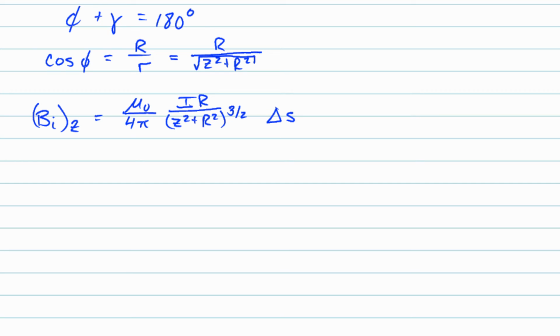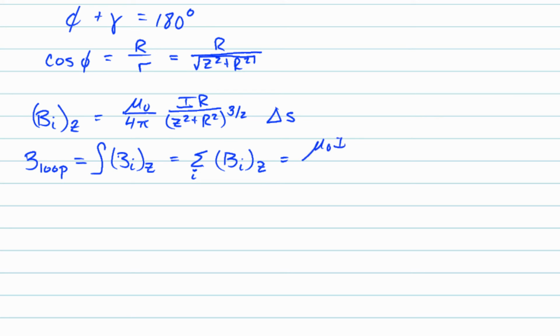So now we can go ahead and start to take a look at integrating over all of these little current segments. So the magnetic field due to the entire loop is going to be the integral of all of these little current segments in the z direction only, which is, again, the same thing as summing over all of these little current segments.